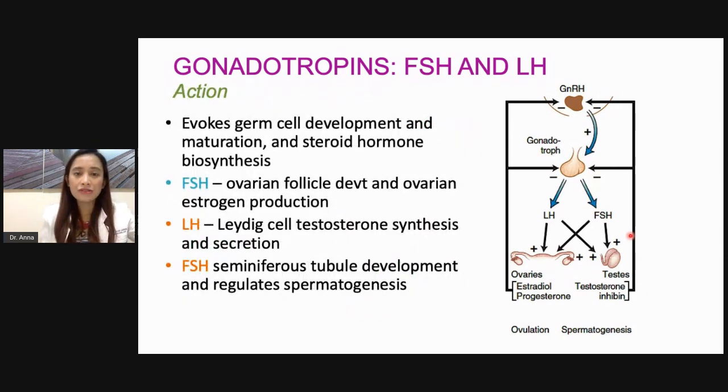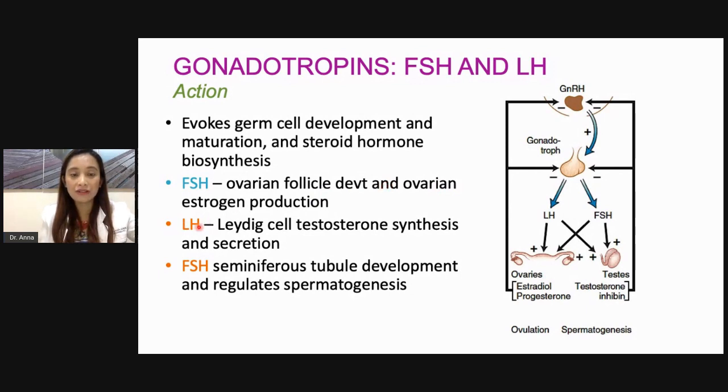So what are the actions of your gonadotropins? Overall, they evoke germ cell development and maturation as well as induce steroid hormone biosynthesis. Specifically, your FSH, the follicle stimulating hormone, induces ovarian follicle development and ovarian estrogen production.